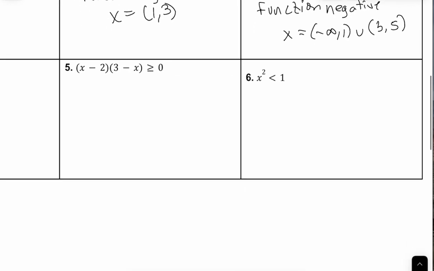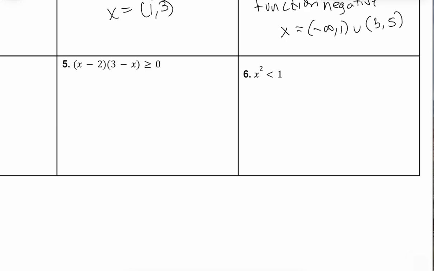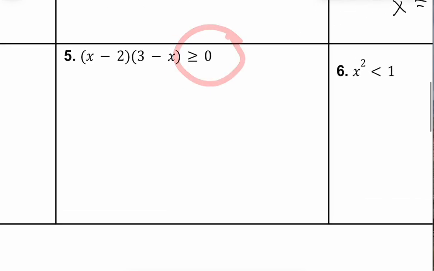Okay, so now I would like to talk about it algebraically. Now, in order for us to solve an inequality and relate it back to positive and negative, we should always have it related to 0, like we see in number 5. So the fact that it is greater than or equal to 0 means that we are going to include the zeros in a bracket, and then we want the greater than 0.